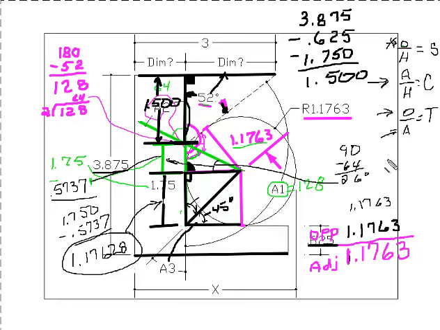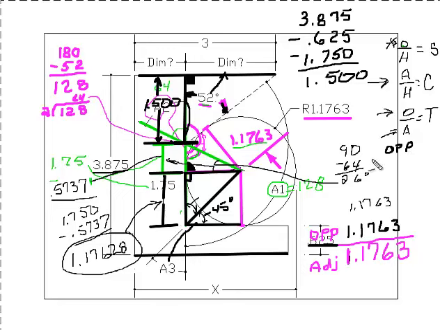So we know that the one on top is the one you're looking for, which is the opposite. Opposite's what we're looking for.